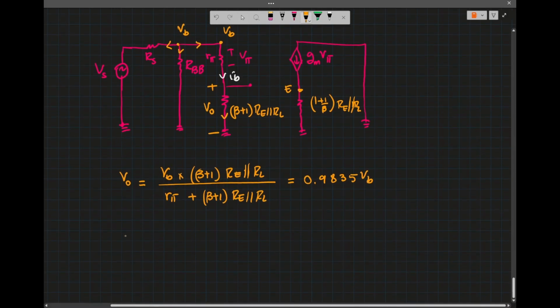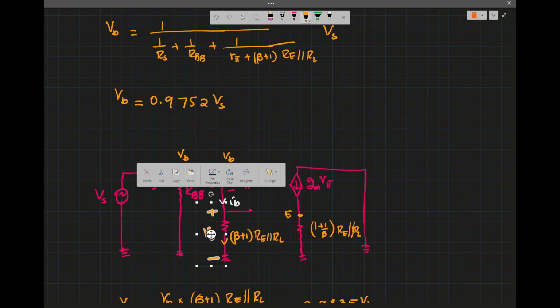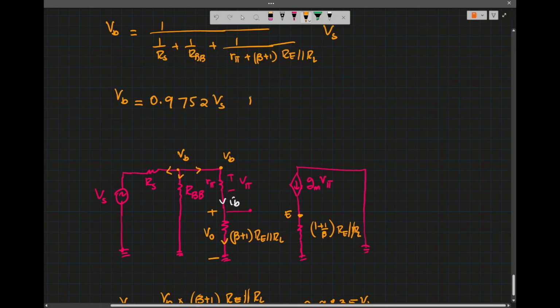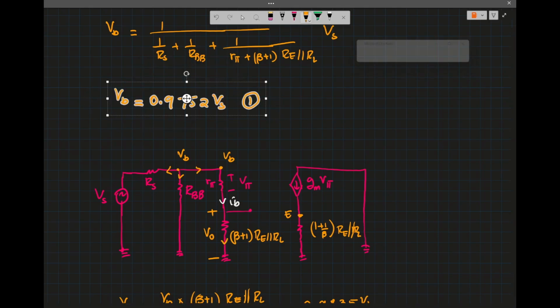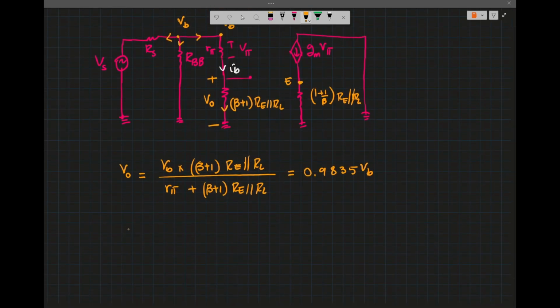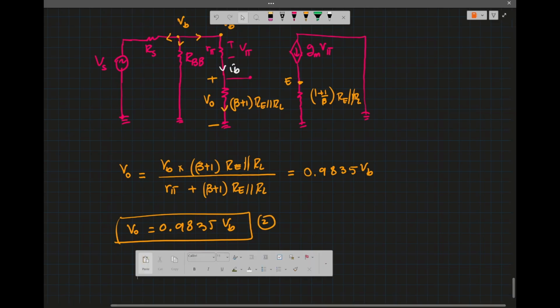So I have the first equation, just this, that's equation number 1. Then you have V0, which is 0.9835 VB. I call that equation 2. So I'll put them side by side.